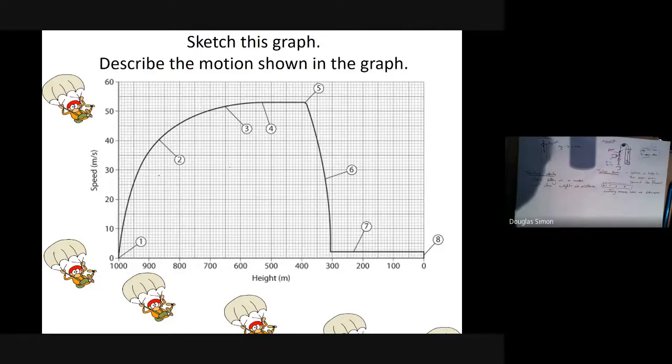Anyone else? What is the reason for this changing acceleration between 1 and 5? Resistance. A bit more detail, Morali.